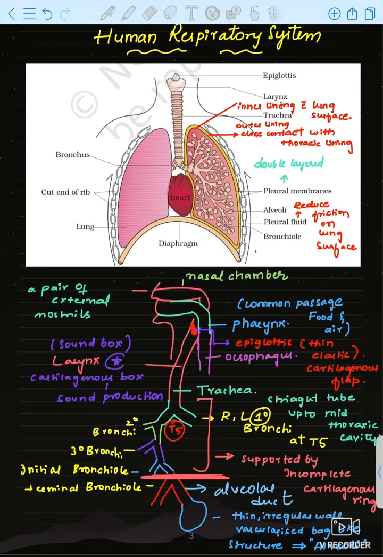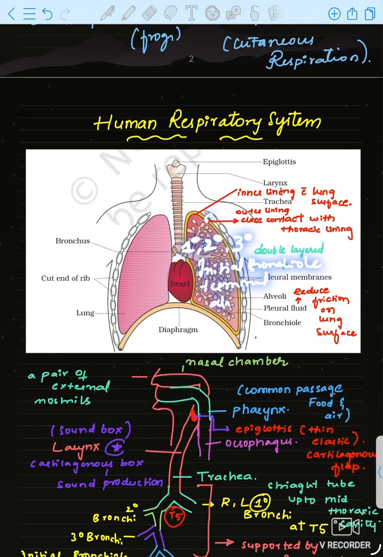What comprises the lung? Primary bronchi, secondary bronchi, tertiary bronchi, initial bronchiole and terminal bronchiole, alveolar duct and alveoli. All this comprises the lung.